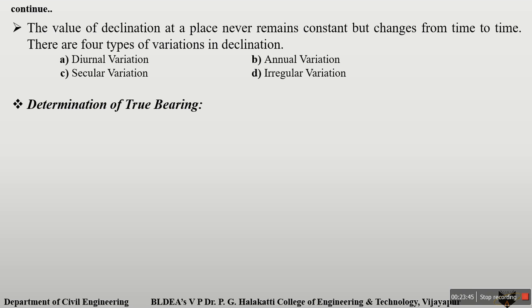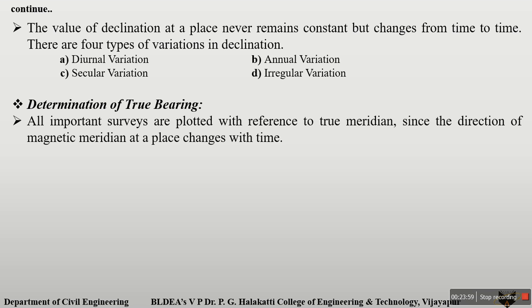Now discuss about the determination of the true bearing. True bearing means whatever bearing is measured from the true meridian with respect to the line. The true meridian is used only when conducting very important survey works.